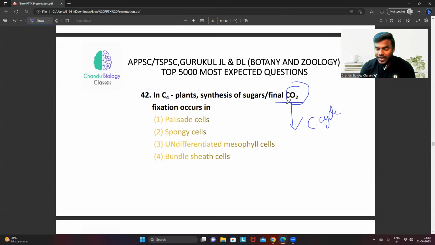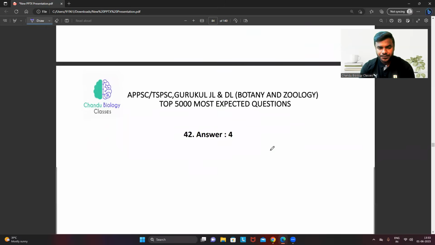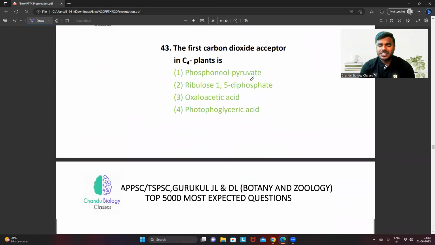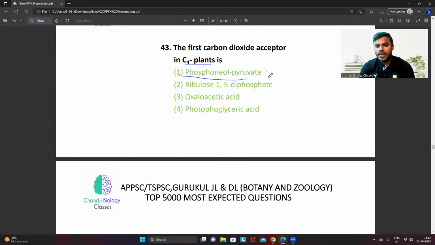Finally, only in the Calvin cycle will the carbon be fixed. Where does the Calvin cycle occur? Undoubtedly in the bundle sheath cell. They are asking final fixation. If they asked initial fixation, then the answer is mesophyll. They asked final fixation, which is the bundle sheath. Not to get confused. Now, the first carbon dioxide acceptor in the C4 plant, a direct question: PEP, phosphoenol pyruvate, which is a 3 carbon.